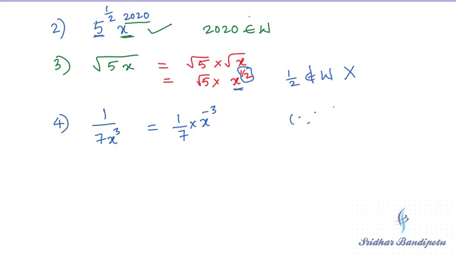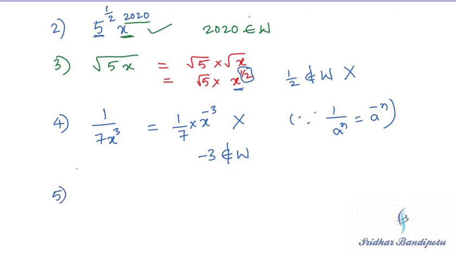We know laws of exponents, 1 by a to the power of n equals a to the power of minus n. So here 1 by x cube, I am writing it as x to the power of minus 3, right? Minus 3, is it a whole number? No, minus 3 is not a whole number. Therefore, the fourth example is not a polynomial. Okay.